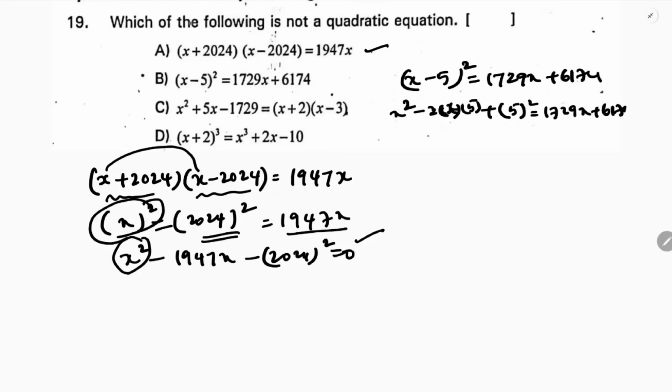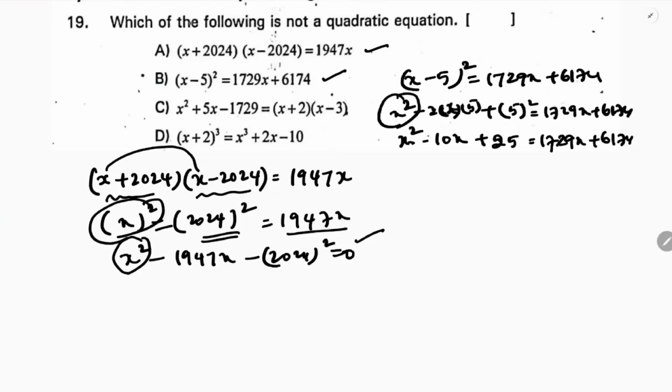Here also we have x square, and this is also a quadratic equation, because x square is not getting cancelled, so we have it in the equation.